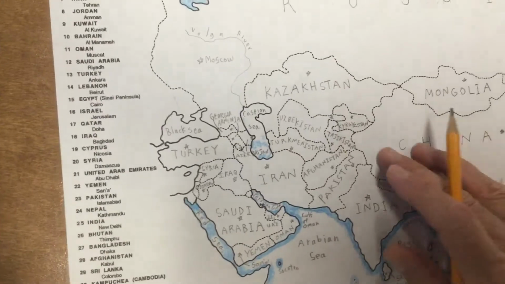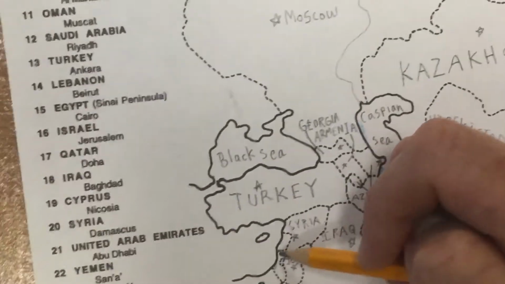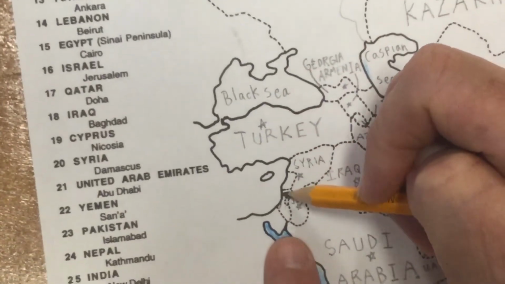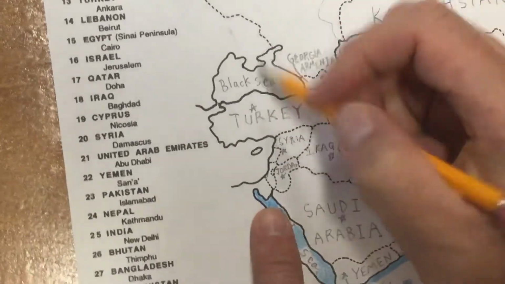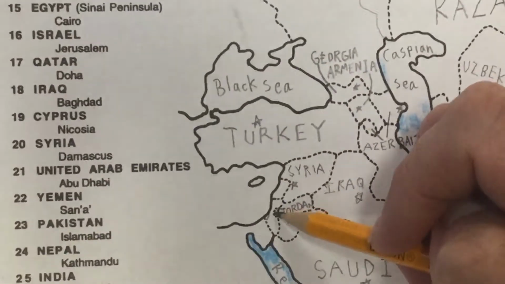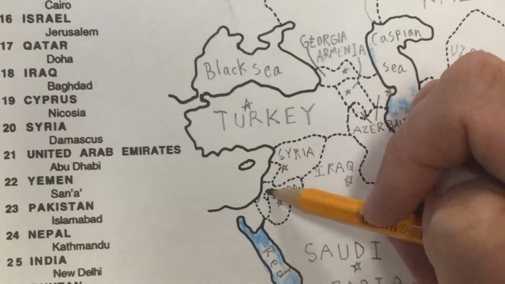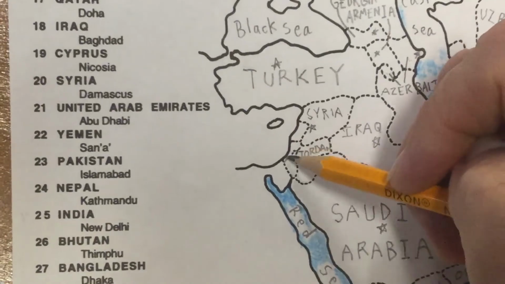Okay, good. And one more country over here is Israel. Now this one might be a little bit confusing when you look at it, because we've got a little small area also within Israel, that little pocket of land right there. And I even put another little sliver of land.